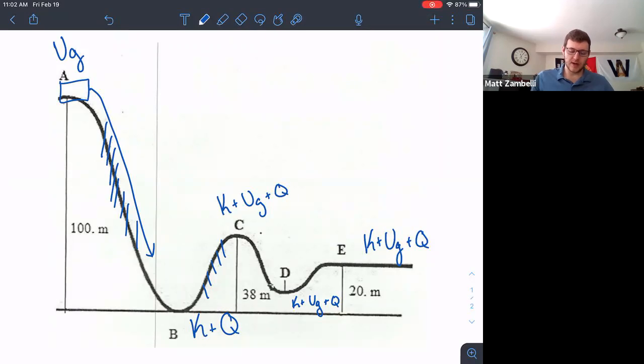The one thing I do want you guys to realize is as we keep going, the friction here doesn't stop, which means our thermal energy or our dissipated energy, that Q, is only ever going to increase. As soon as we start moving, that thermal energy comes into place, and it just gets bigger every single time.